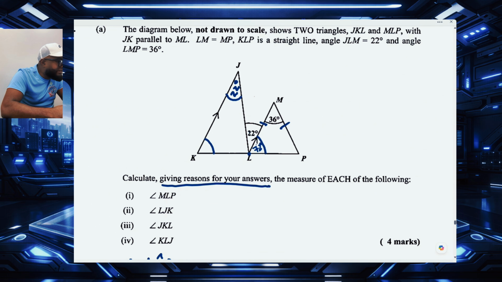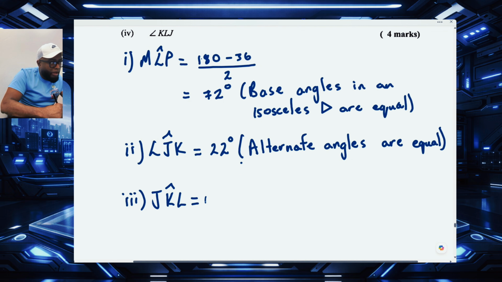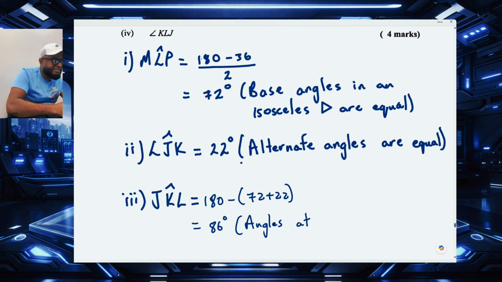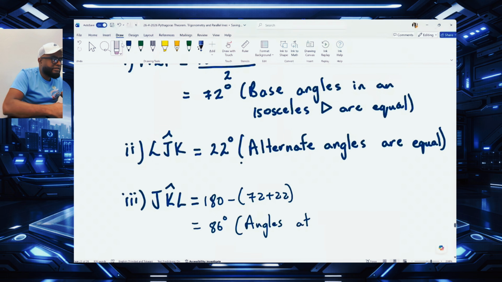So when Nikosi said that it will be 180 minus 72, that will be giving you 22 plus the other angle, right? So it's 3 angles at this point here. So if you want to find this angle here, it would be 180 minus 72 plus 22, right? So this will be equal to 180 minus 72 plus 22, and this will give me what? 86. 96 or 86? 96, sir.